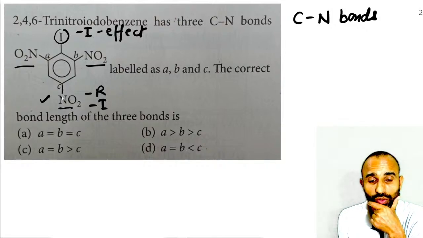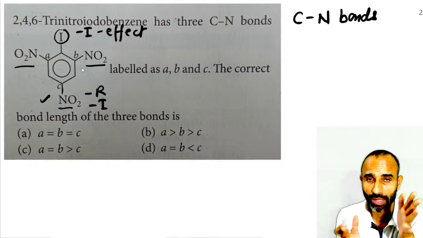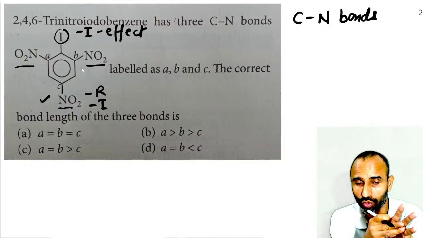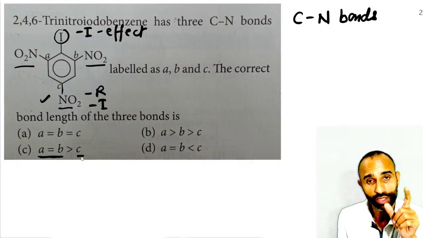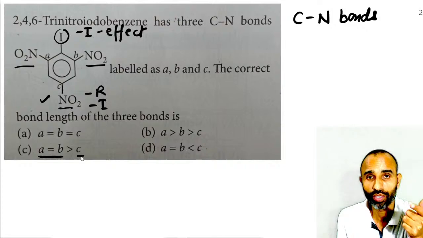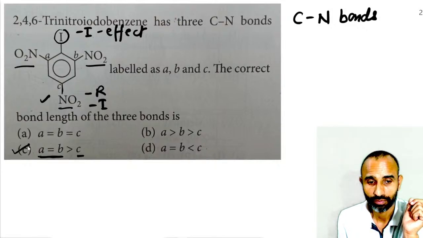Understood. So that's why bond length is least in C. For A and B, there is the same effect of iodine on both of them. That's why A and B are of equal length and C is smaller because of greater resonance at the para position. Understood.